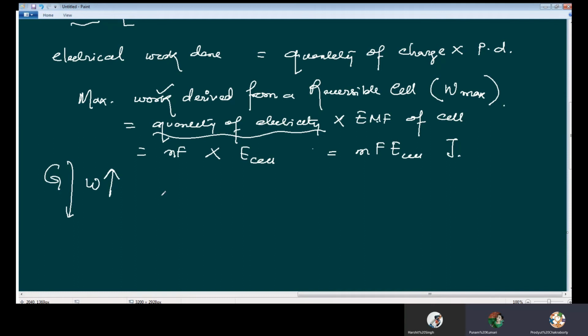So in this kind of cell reaction, the decrease in free energy is equal to the electrical work done by the cell, that is taken out.